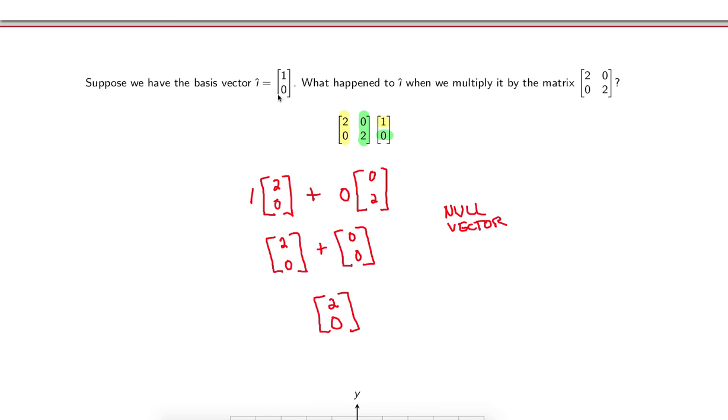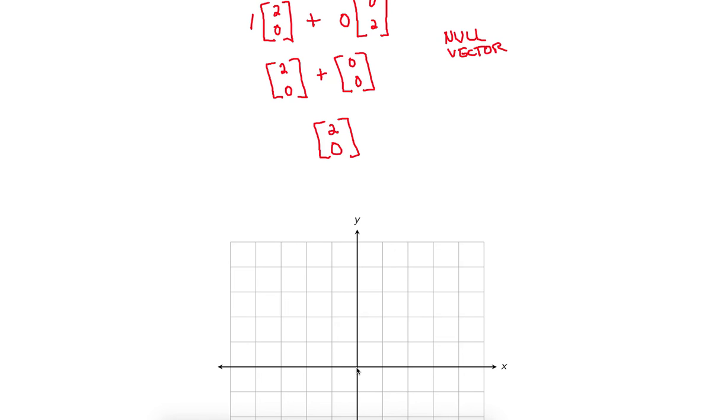So if we look at i hat as 1, 0, we'll graph i hat. There's our original i hat. Now let's look at this new i hat vector 2, 0. That's going to go out to 2, 0.